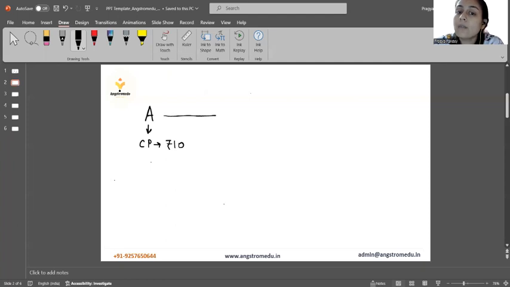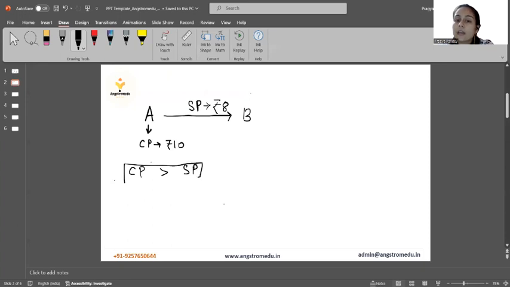Now this time he sold it to B at, let's say, 8 rupees. Now you can see that this time, which one is greater, the cost price or the selling price? Obviously 10 is greater than 8. So the cost price is greater than the selling price.